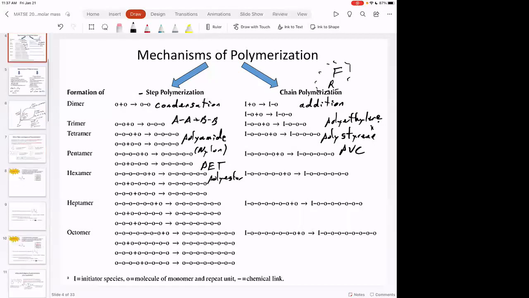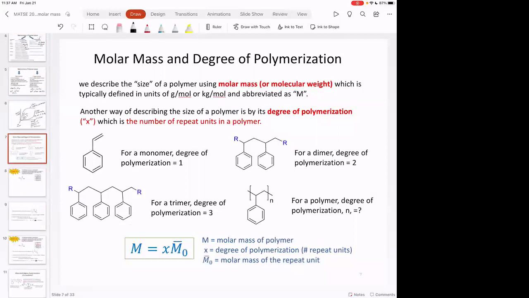And so now let's go to molecular weight. You should know how to do this. I think we've talked about this slide already. There's some nomenclature in here that you just want to be up on. M bar 0 is what? Go ahead. Molar mass of the repeat unit, right?